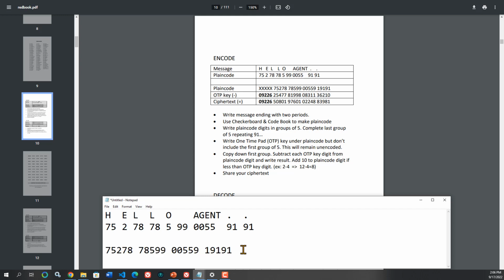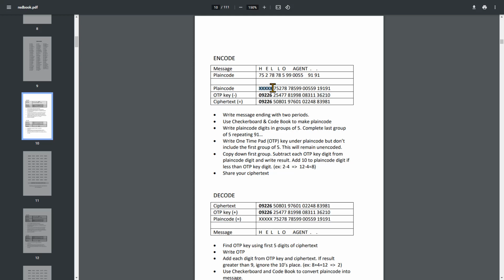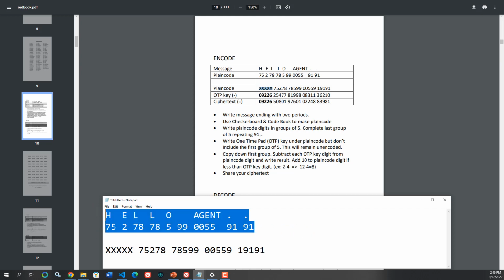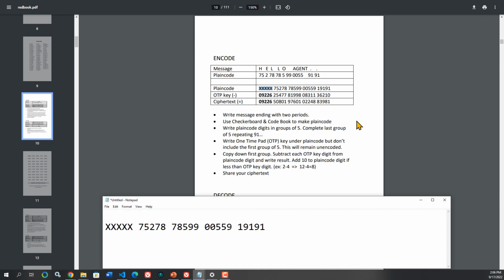But before we get to this part, notice that this is prefixed with 5 X's. We do that to remember that when we do our step with the one-time pad, we don't want to do anything to these first 5 digits. We want them to come down straight as they are.